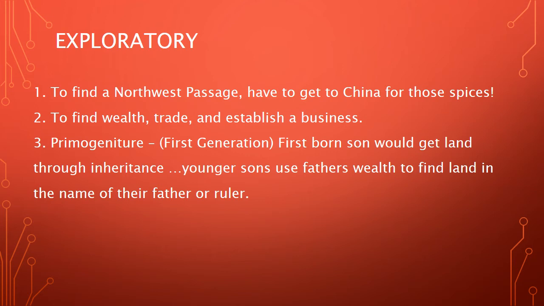So those younger sons, when they're in their 20s, let's say, they decide to start going out and explore. And they do so with their father's wealth while he's still alive, so they gain some money, and they do it in the name of their father or the ruler of their country. So that's how they would get around and gain wealth and popularity.